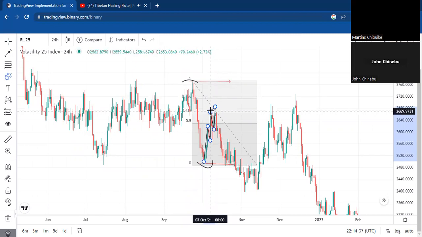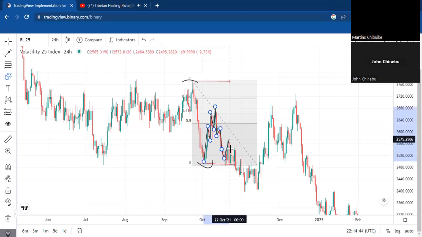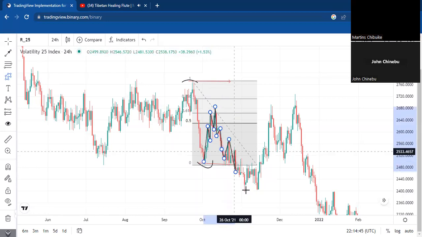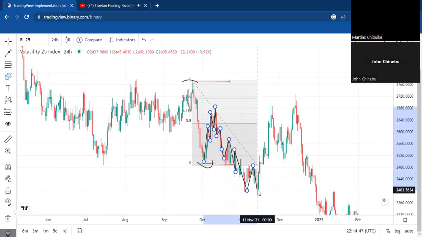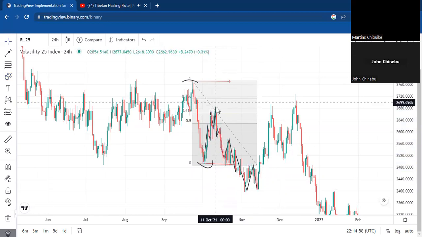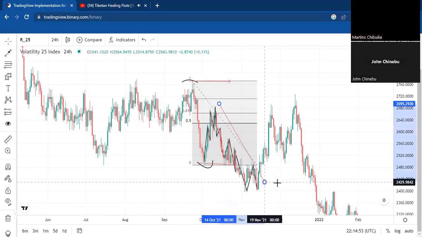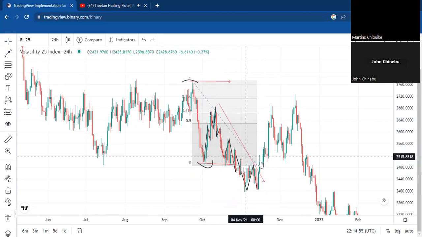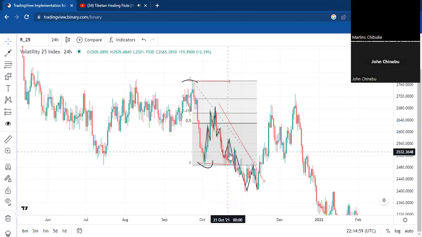But at least in the middle, it touched before it started breaking structure, going back. Imagine if you took this sell from here, you'd be gaining all the way here, which is a huge amount of money. Are you understanding the concept now?